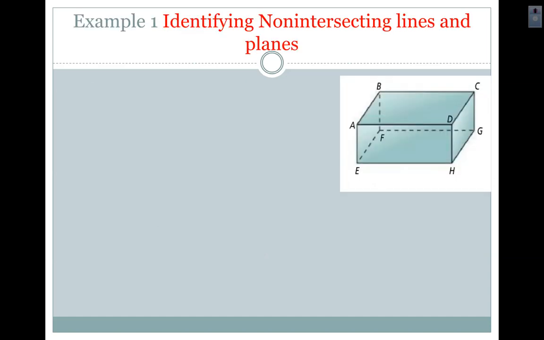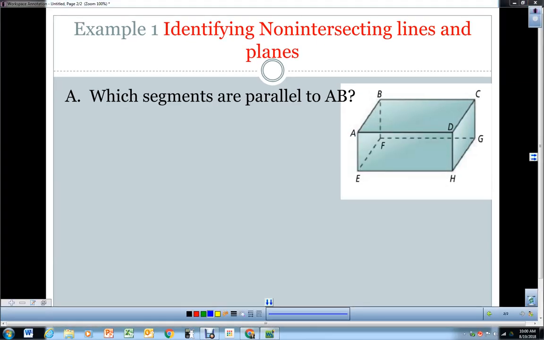So let's take a look at our next example here. Which segments are parallel to AB? So if we look here, we're going to name all the segments that are parallel to AB. Well, AB is this line right here. We're looking for all the ones that are parallel.